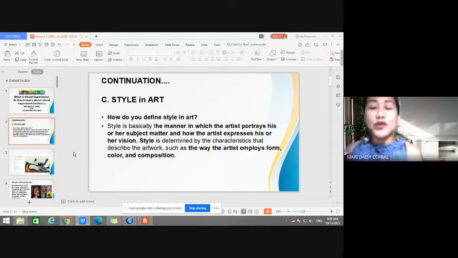What I'm going to show you today are the basic styles in art, and these are common things about the styles in art. So we will just look into some visuals that would basically describe what a style is. But we will not analyze as far as that yet, because I'm just going to orient you with the styles that we have in the fields of art.